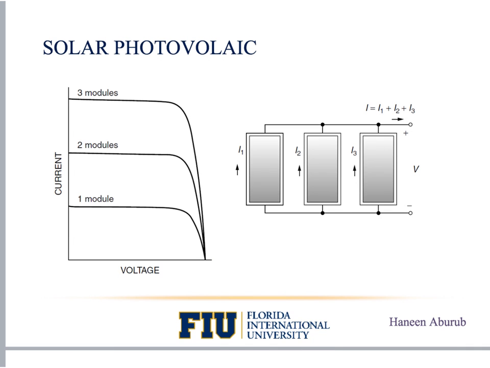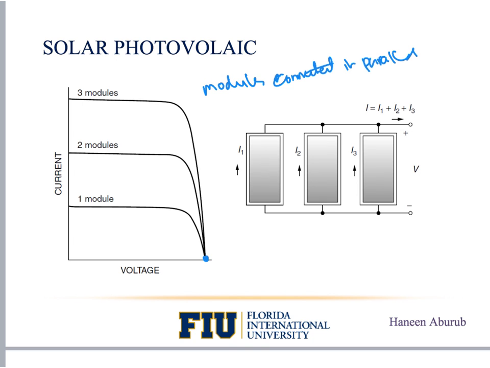Now for modules connected in parallel, the same voltage is across the modules since they are in parallel, and the total current is the sum of the currents, at any given voltage.